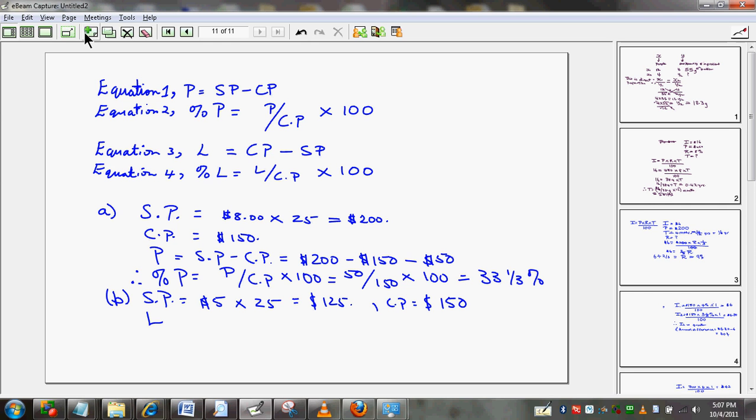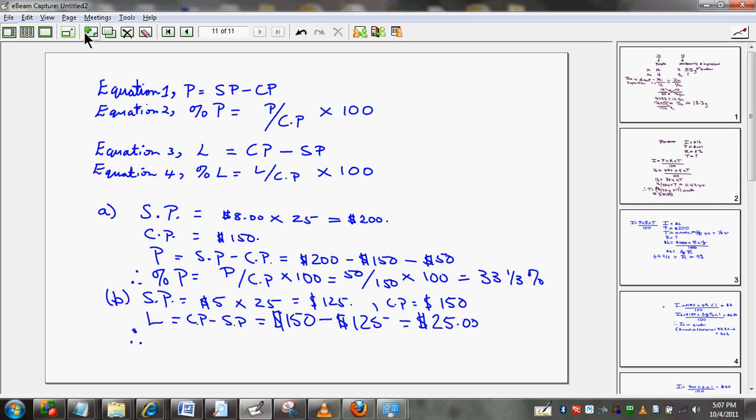His loss would be his cost price minus his selling price, which would be $150 minus $125. It means that he made a loss of $25.